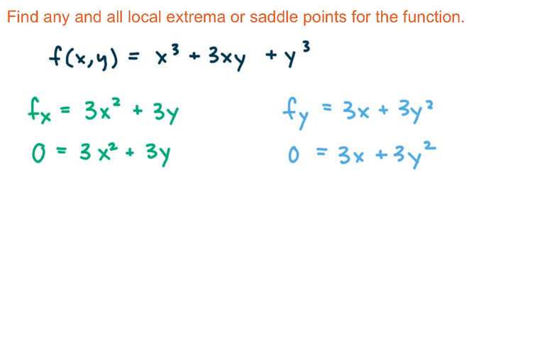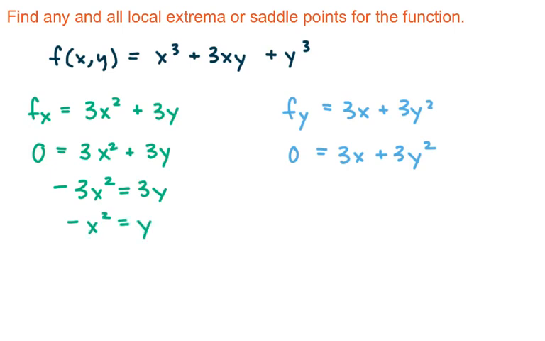In order to solve this, I'm going to use substitution. So for this first equation, I'm going to isolate my y. So I've got negative 3x squared equals 3y, negative x squared equals y.